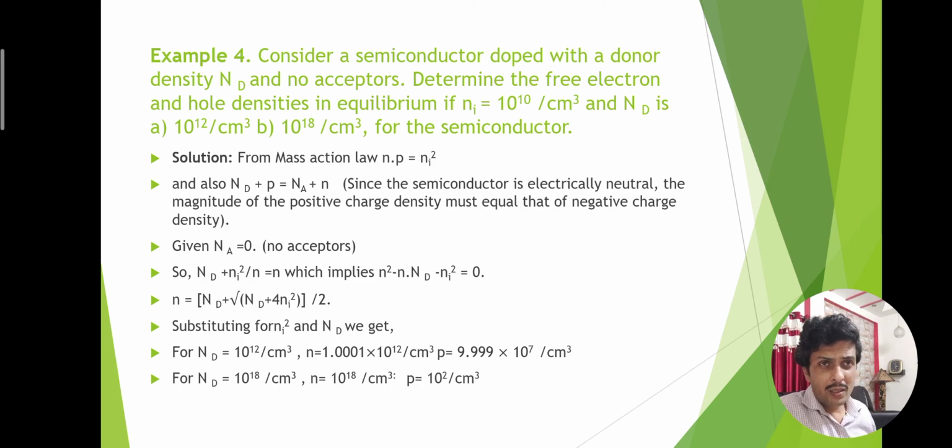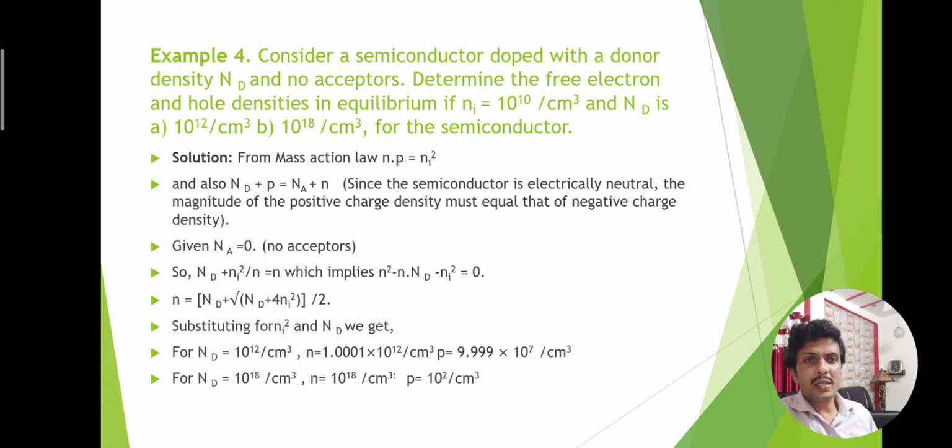Now consider a semiconductor doped with a donor density Nd and no acceptors. So determine the free electron and hole densities in equilibrium if ni is equal to 10 to the power 10 per centimeter cube, and Nd is first 10 to the power 12 per centimeter cube and then 10 to the power 18 per centimeter cube for the semiconductor.